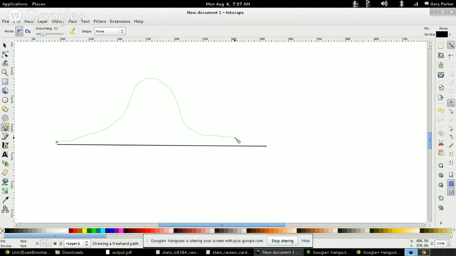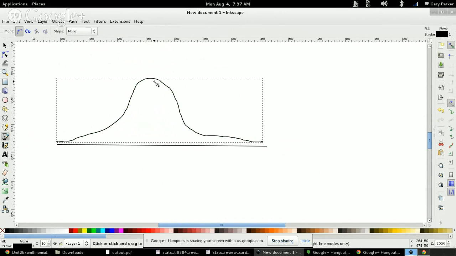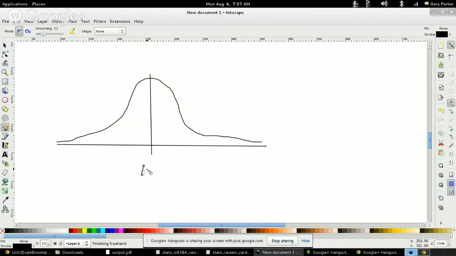There's my best normal curve. Whoa, with the mouse. And here I'm going to draw my line in the middle. All right, so that's the mean. Now normally it's a z-score of 0. Here I'm saying it's a mean of 105, and the standard deviation is 20.